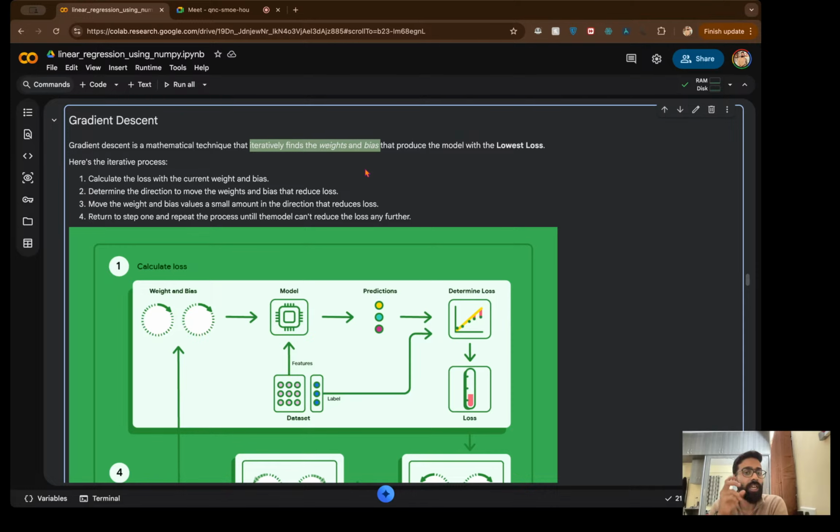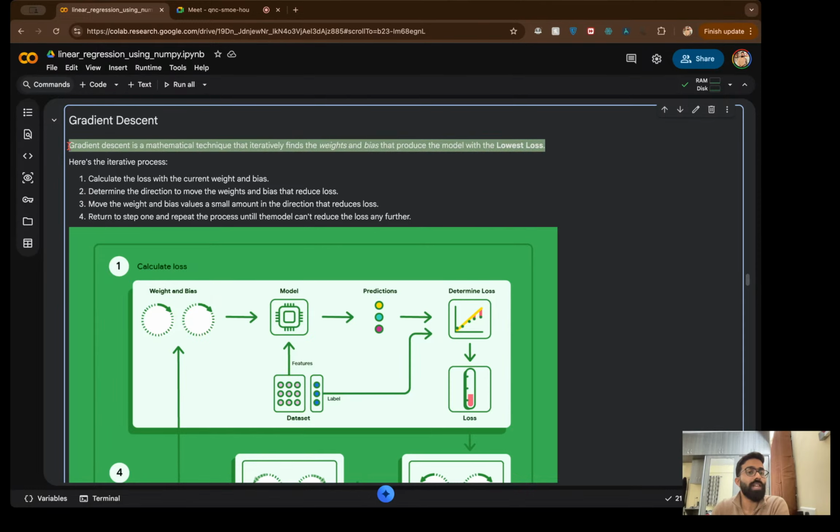For every iteration it will give us the values of W and B, and it will iterate like 100, 200, 400, 900 iterations until it gets to the lowest loss. It will automatically find it. This is a mathematical technique.